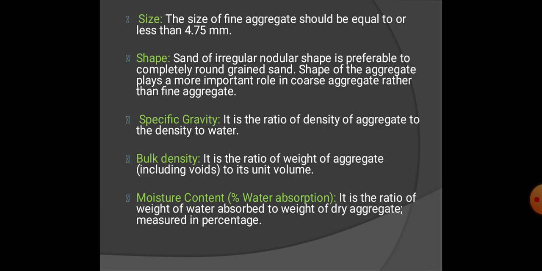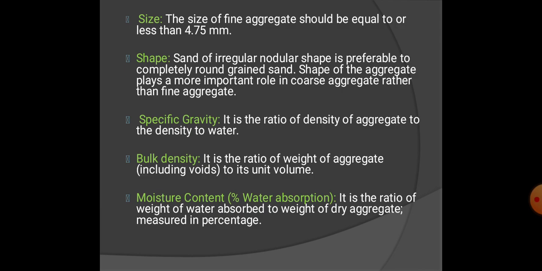Shape of aggregate plays an important role in coarse aggregate rather than fine aggregate. Hence this property is considered in more detail in the section of coarse aggregate. We will cover this topic in the next lecture, in the properties of coarse aggregate.